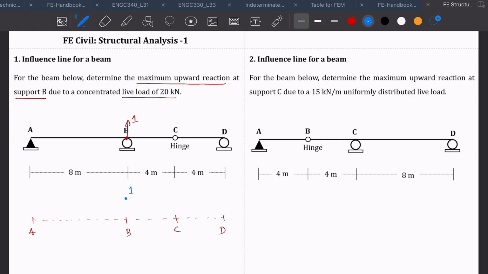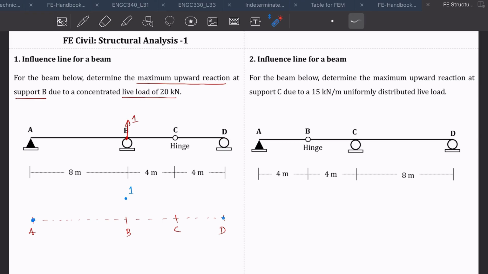When you use the Mueller-Breslow principle, you cannot move support A, and you cannot move support D. That means support A and support B have to stay at the same position. They cannot move sideways or in any direction. D will be allowed to move sideways, but we are not interested in finding the actual deformation or the side deformation of the beam.